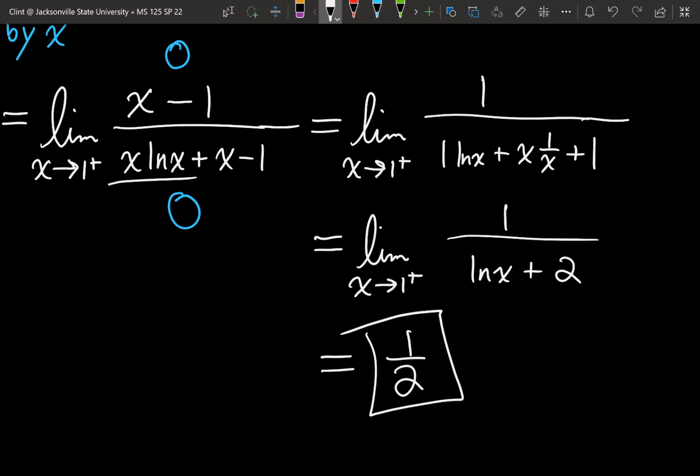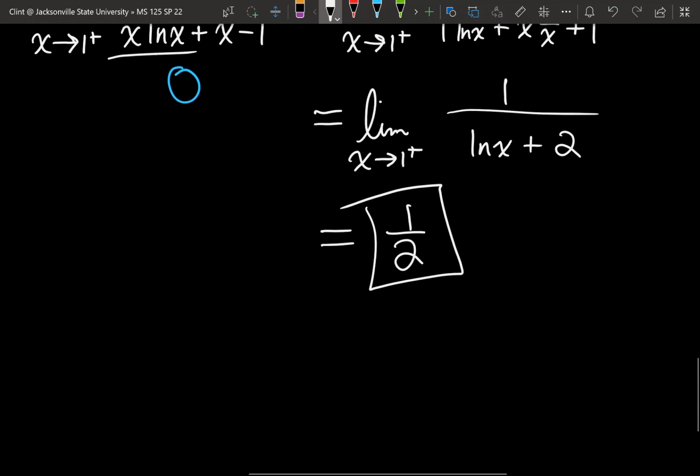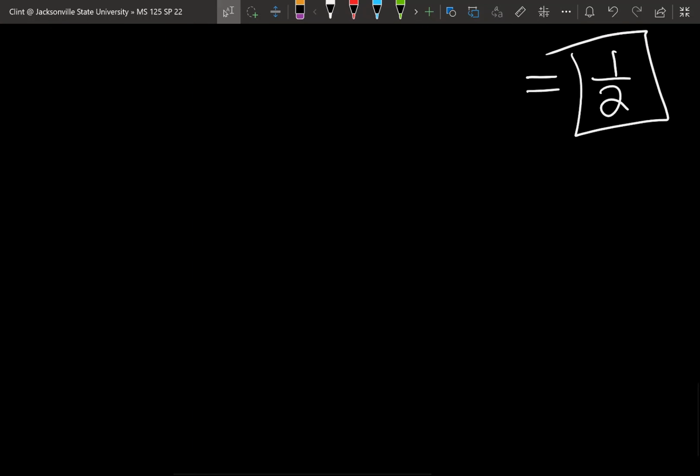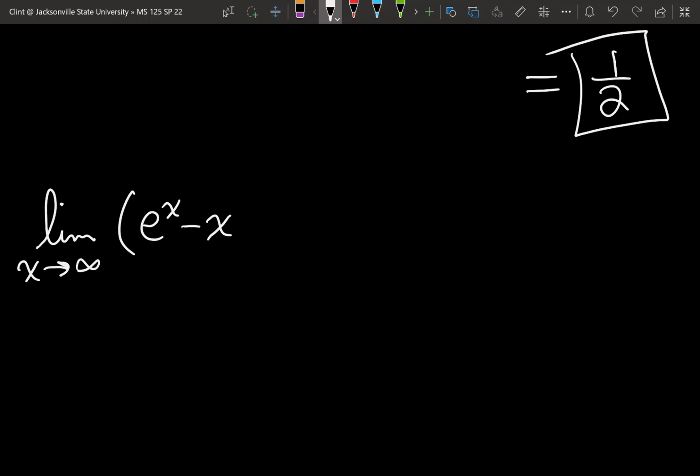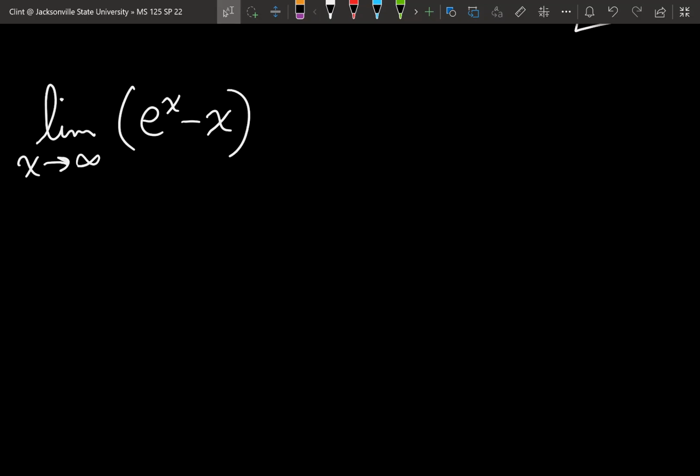One more little trick. This one's not so bad. So e to infinity is going to give us an infinite limit minus infinite limit.